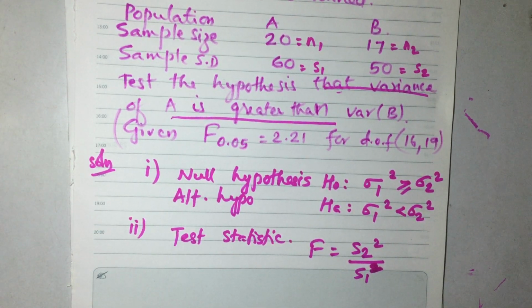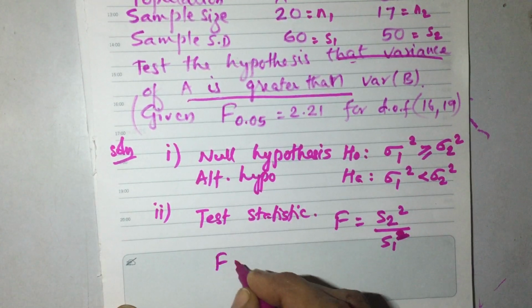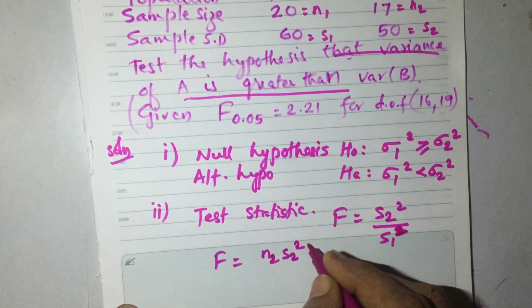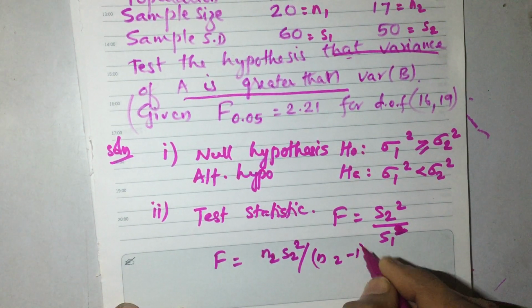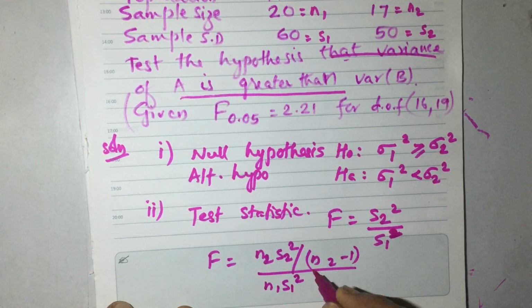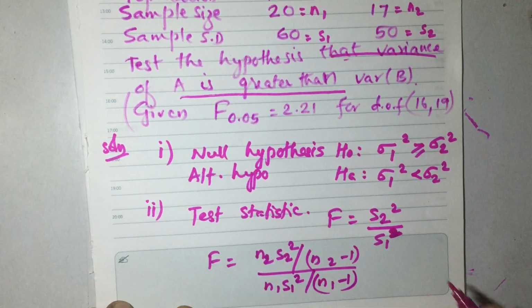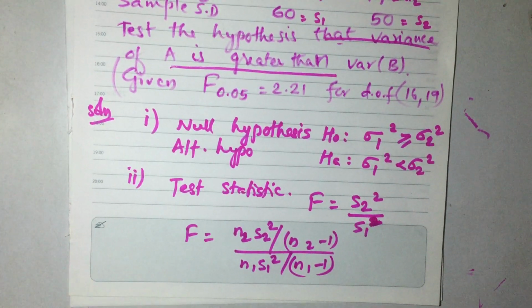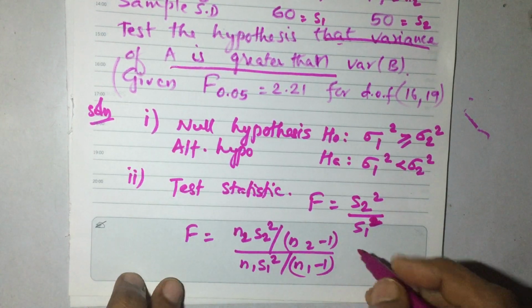So here this is equal to n2 S2 square divided by n2 minus 1, upon n1 S1 square upon n1 minus 1. So substituting this n1, n2, S2 and S1 and all, you will get the value as 0.74.